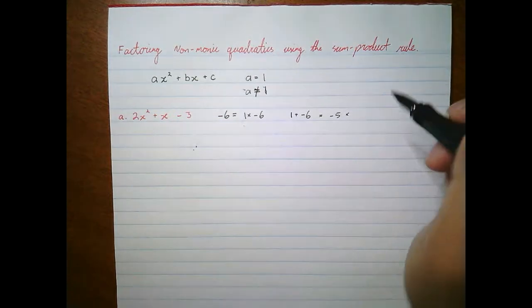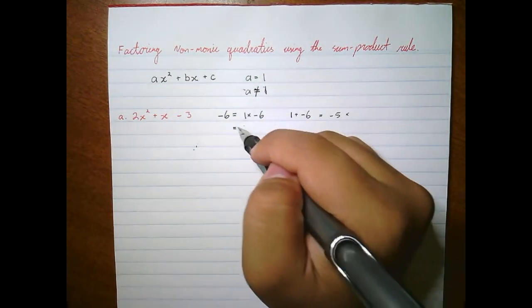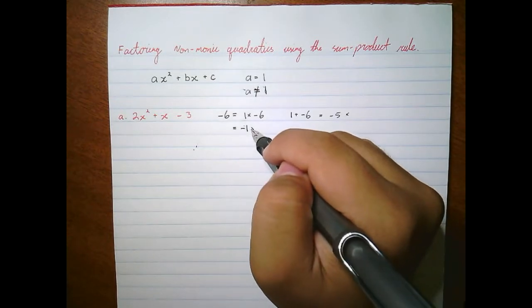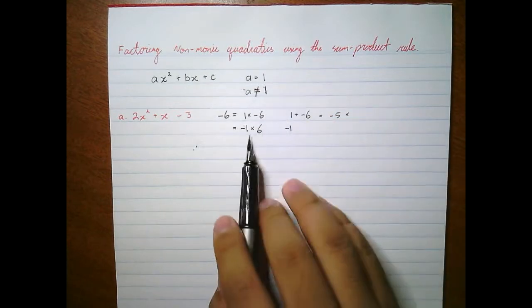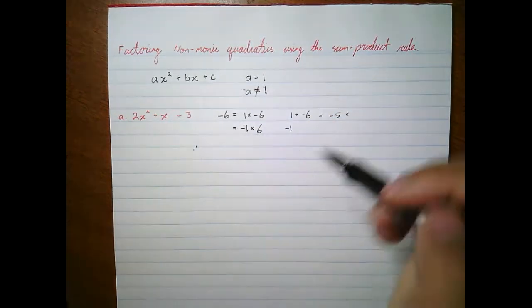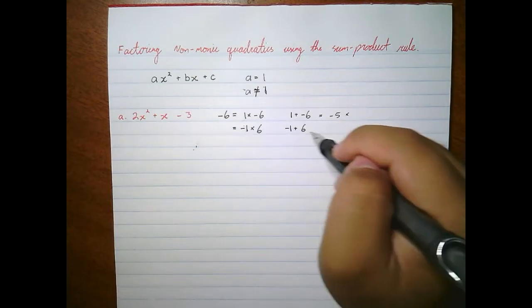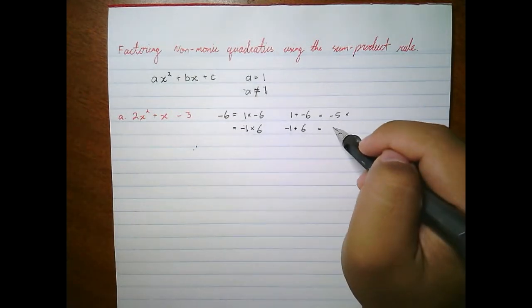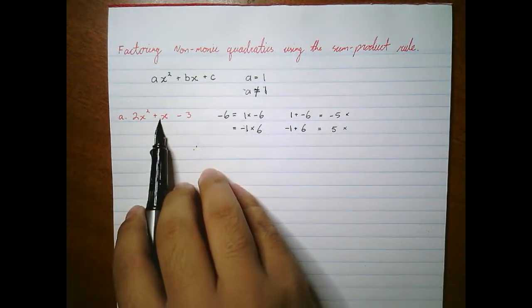That doesn't work. Let's try -1 times 6. Let's see if these numbers add up to 1. -1 plus 6 is +5. That doesn't work, because remember, we want 1.